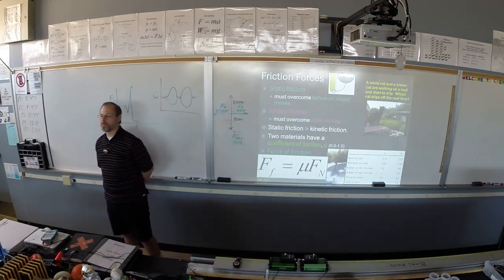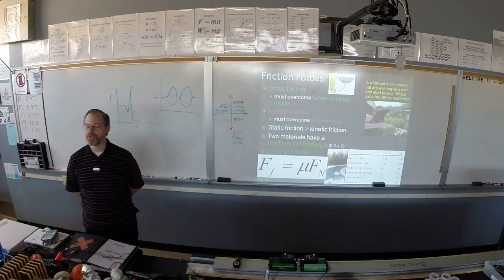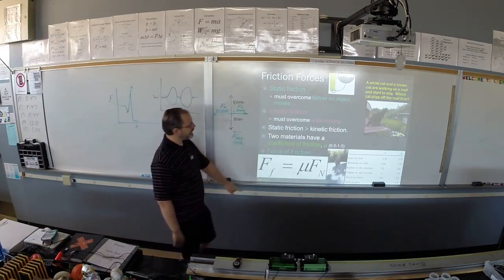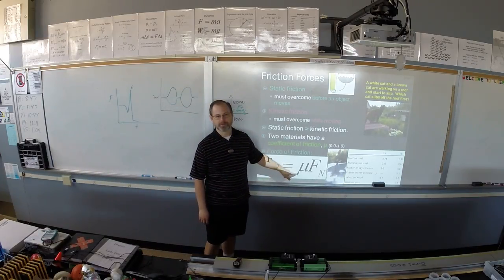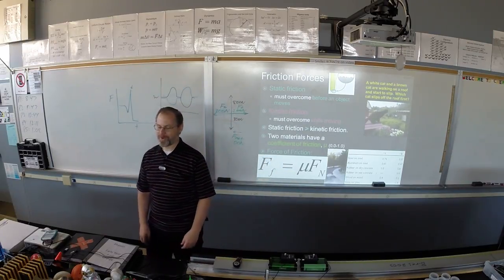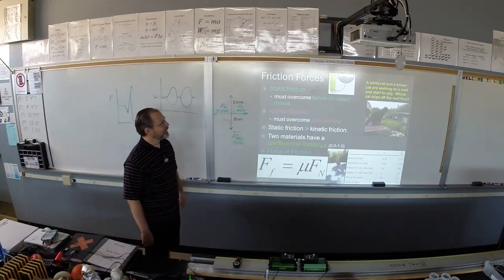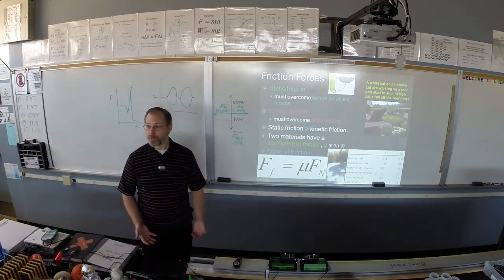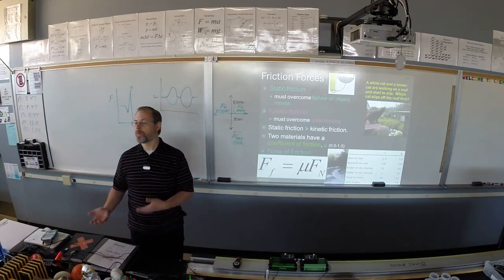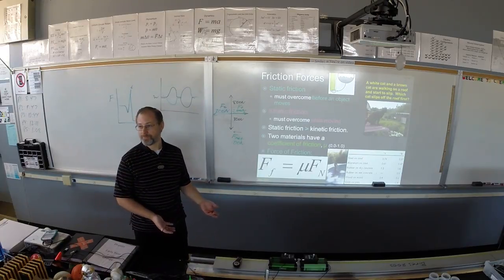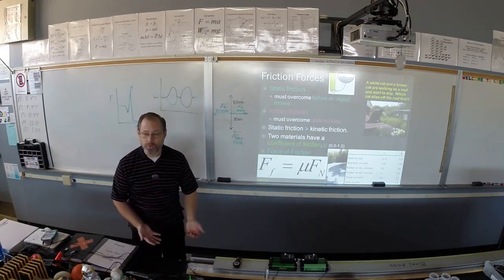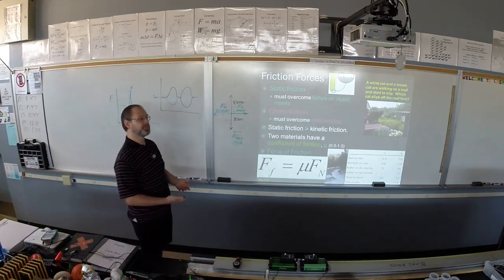So when you're comparing two materials against each other, they have a friction coefficient. Does anyone know what this letter is? Mu. Yes, very good. It's mu, which is why there's a joke about cats. So the bigger the mu, the more of the normal force becomes friction force.